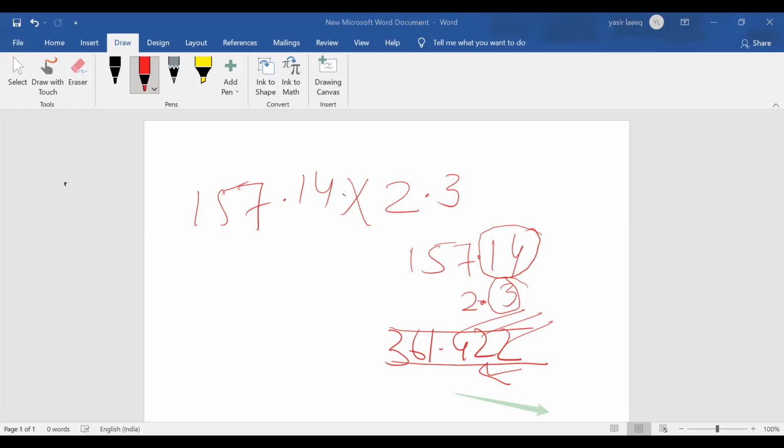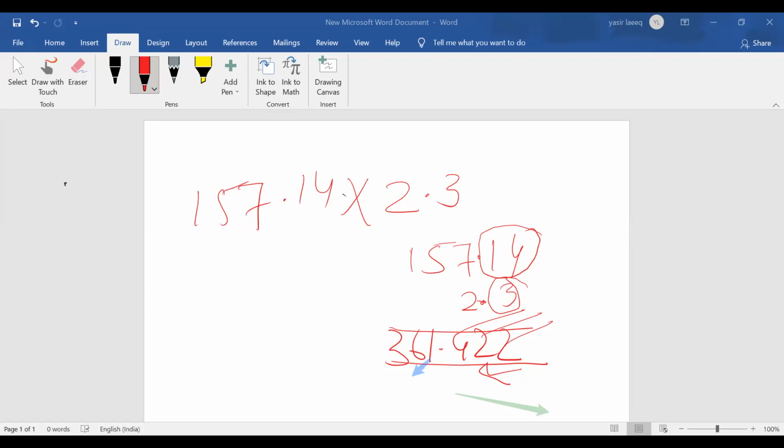You can see that 3 decimals are there. You have to count the decimal places. Here it is 2 decimal places and here it is 1 decimal place. So the total is 3 decimal places. So you have to put the decimal after 3 places. Remember, 3 places from where? From right to left or from left to right? From left to right. Again, I am saying you have to put the decimal from left to right.